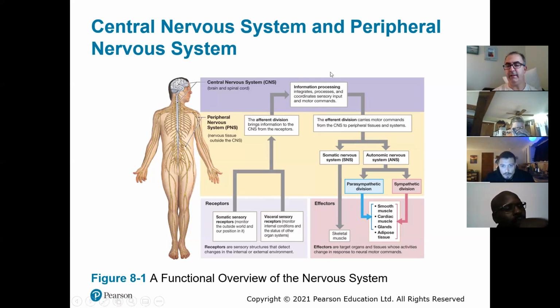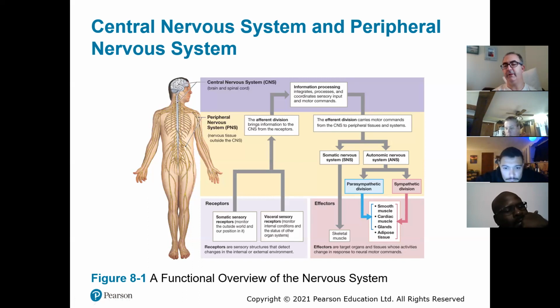So if your brain is making some sort of a signal and it's sending it out through the efferent division, and it's supposed to go to a muscle to tell you to move your fingers a certain way, well, then that's going to go through the somatic nervous system to your skeletal muscle. If that signal is going through the autonomic nervous system, it is involuntary.